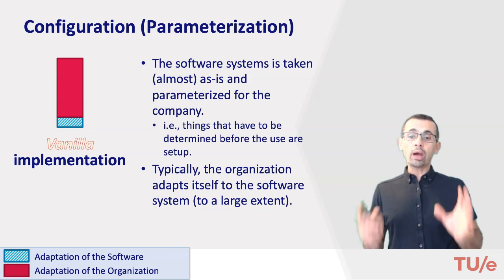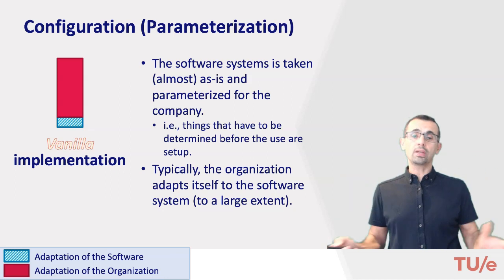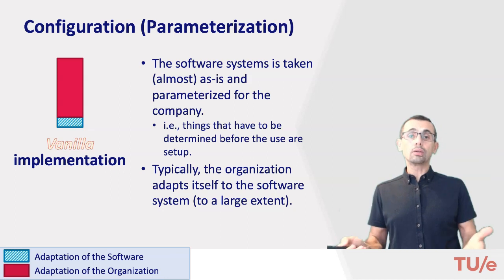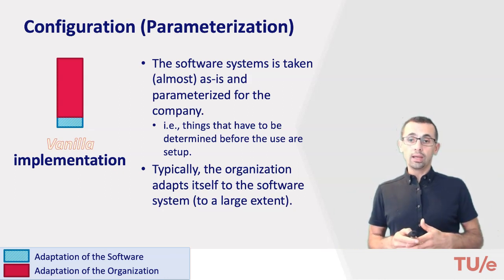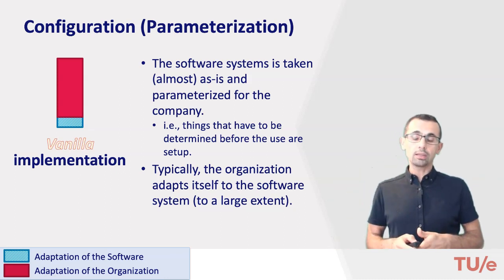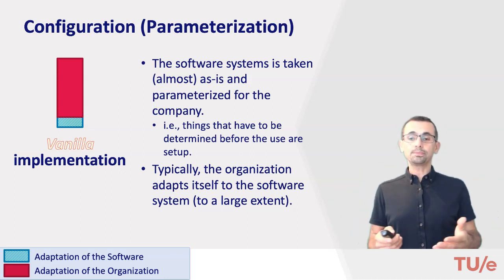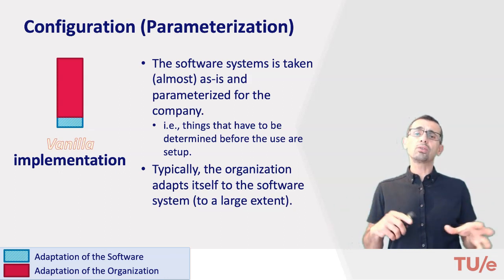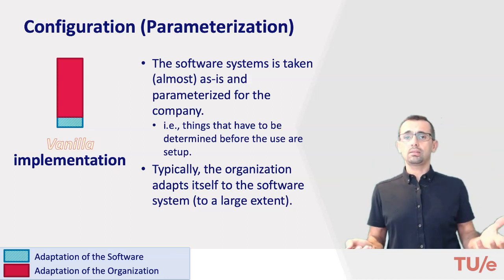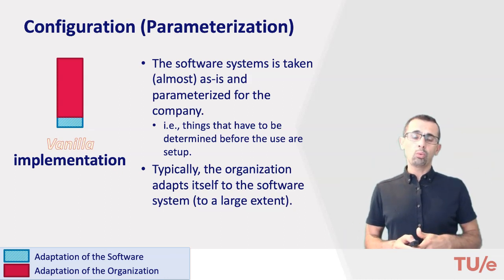In this case, you acquire the software system, set up and parameterize the things that you are already allowed to do, and in some cases you are not just allowed, but you are also expected, or in fact mandated, to do so, like building your organizational structure in the system itself to start using it. So in this case, it's likely that the organization adapts itself to the software system to a large extent. Okay, that is more or less vanilla adaptation.